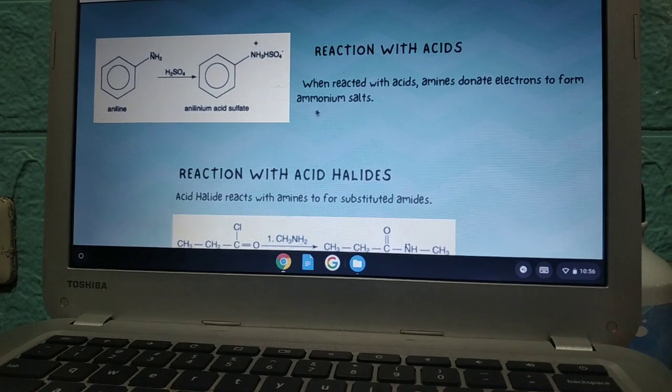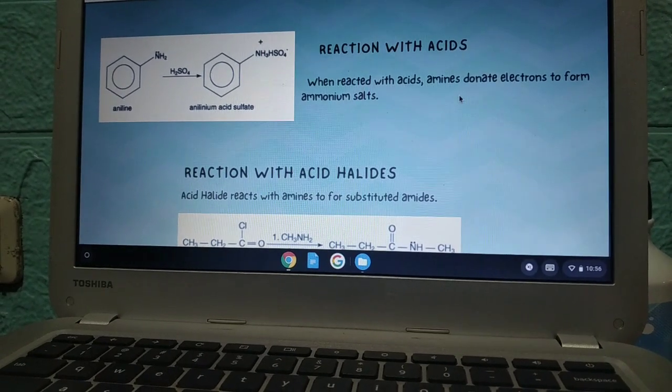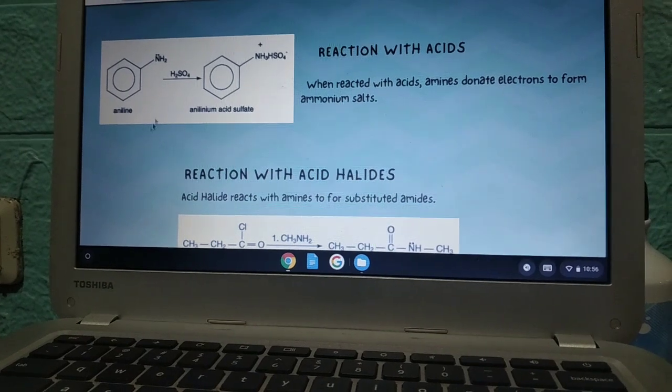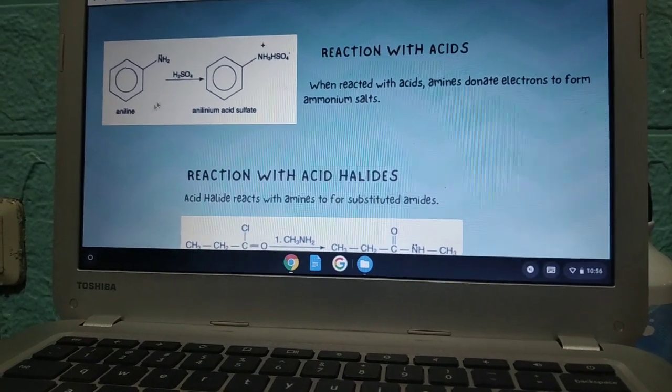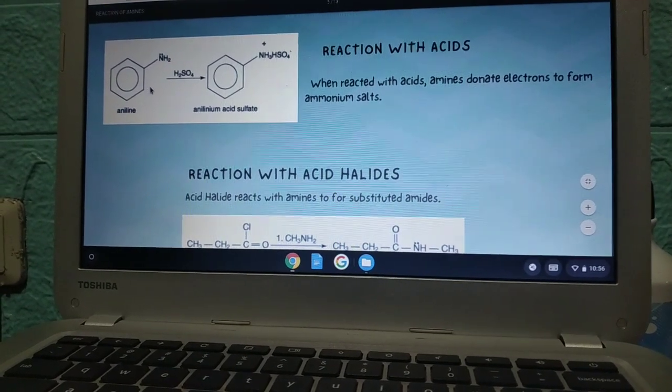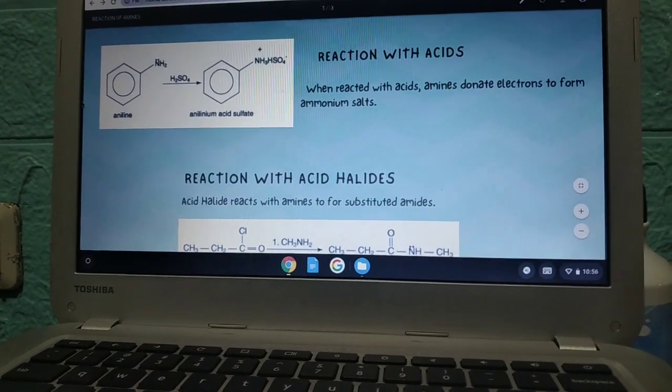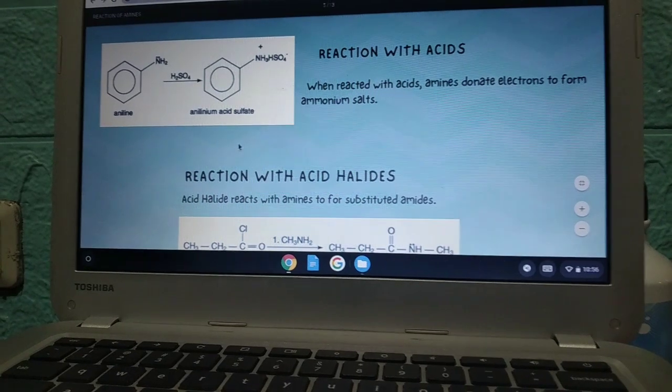Reactions with acid. When reacted with acids, amines donate electrons to form ammonium salts. So aniline reacted with sulfuric acid gives the product anilinium hydrogen sulfate.